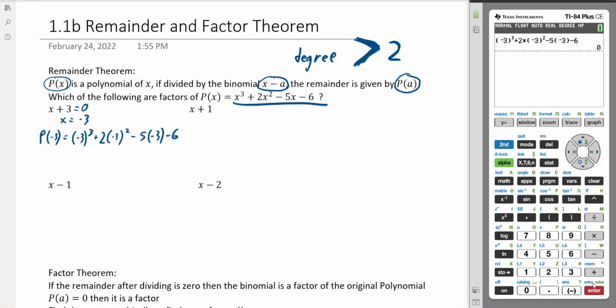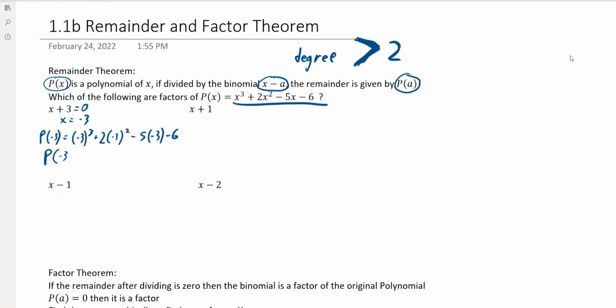And if this part equals 0, that means whatever that is is our remainder. So in this case, the remainder is 0, which tells us what? Well, if the remainder is 0, it tells us that it is a factor. So yes, I'm giving it a check mark because it is a factor of that polynomial.